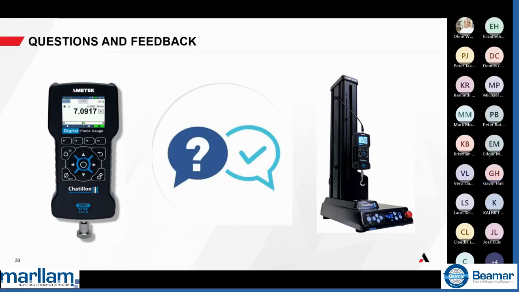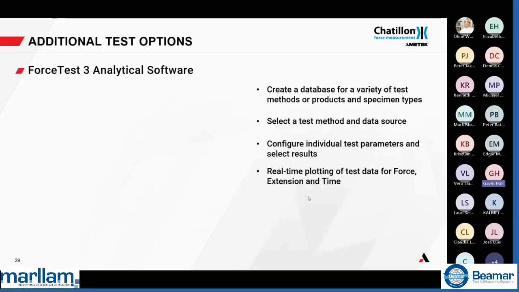Calmet asks, can we analyze yield points, modulus, etc. with Nexygen? We're actually using Force Test here, but yes, the Force Test software will allow you to do that in certain regions of the software.